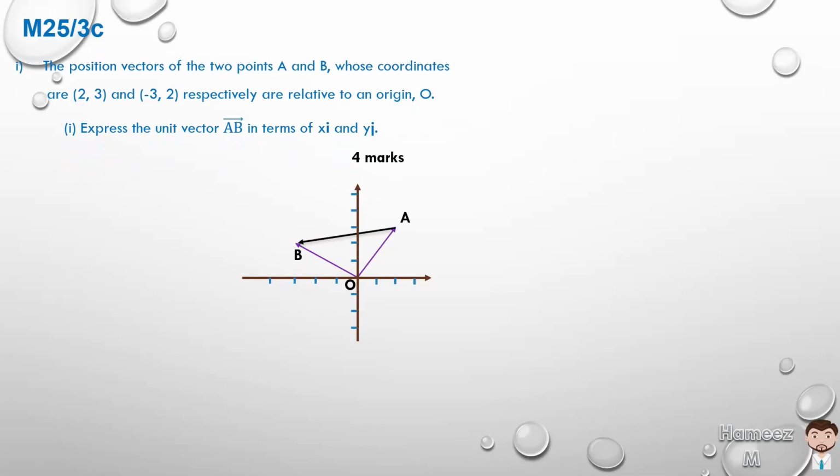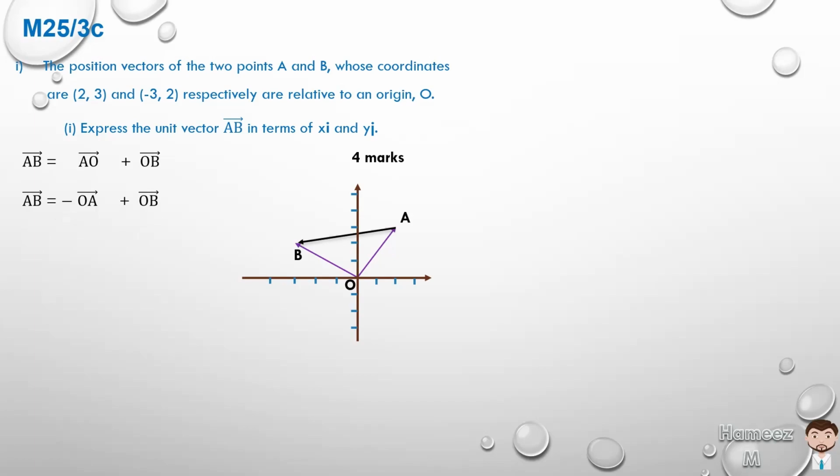Now, how can we move from A to B? We can start at A and go to O. So that's AO, and then from O to B. Now, we don't have AO. We have the opposite direction, O to A. So what's the difference? AO can be replaced by minus OA, which means OA in the opposite direction.